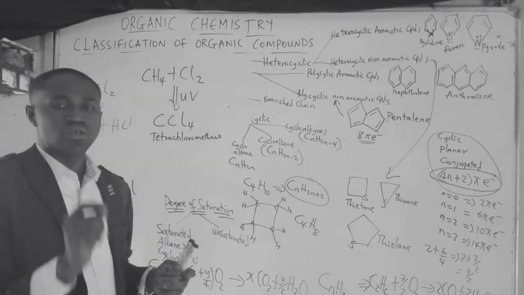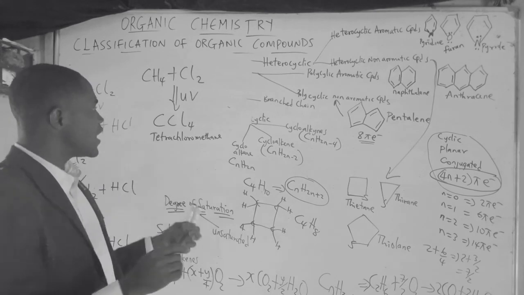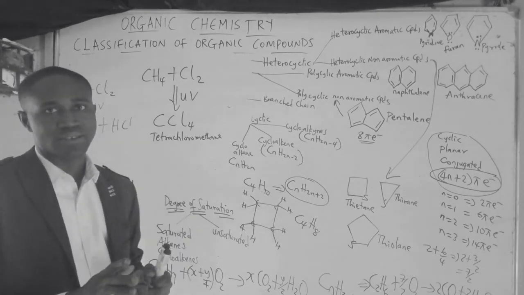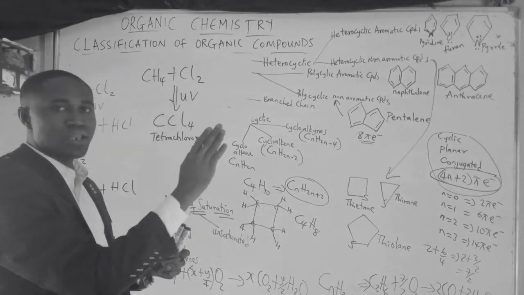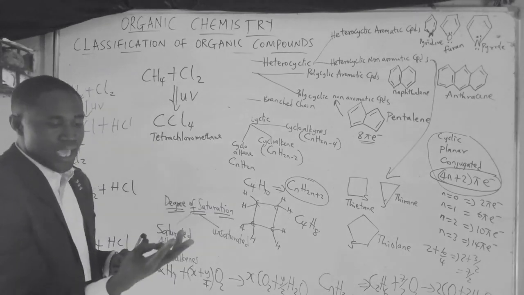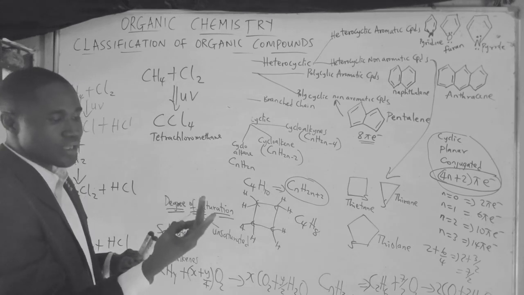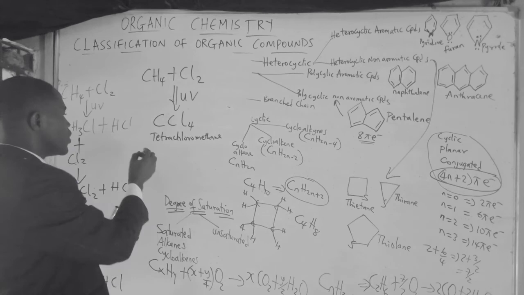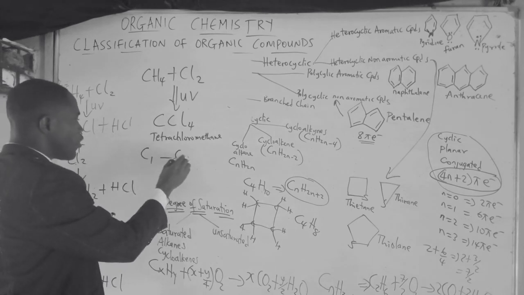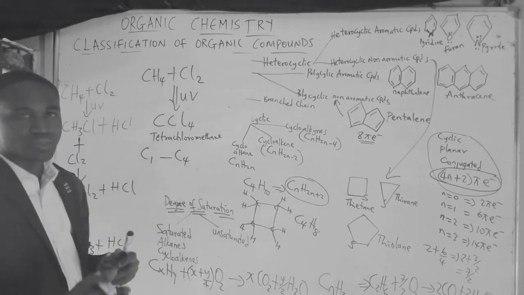Now mind you that this alkane has its own importance. Alkanes with carbon 1 to carbon 4, that is methane, ethane, propane and butane, are gases at room temperature.